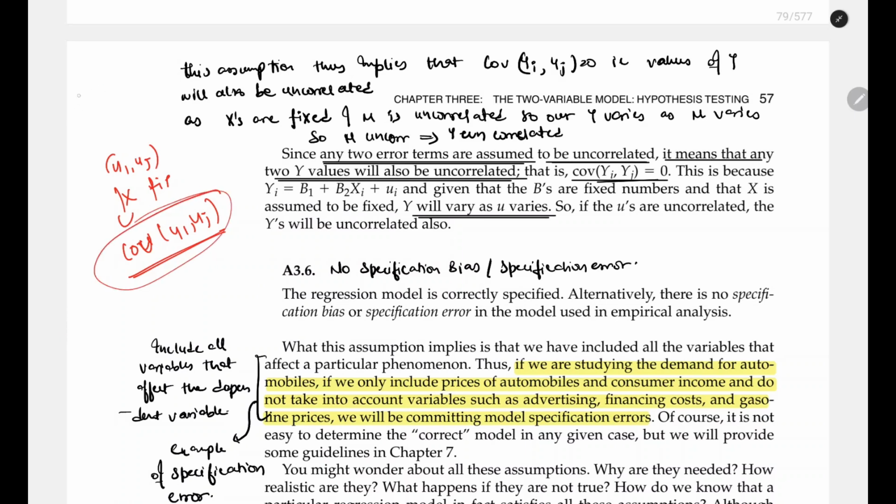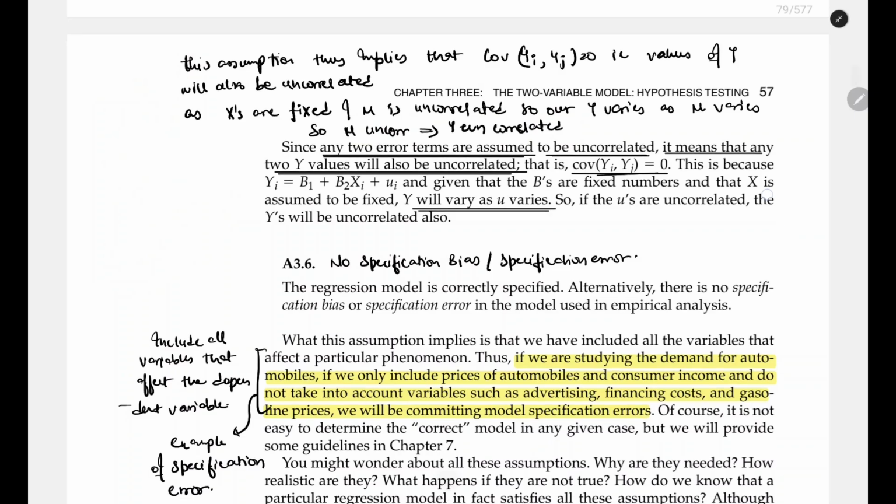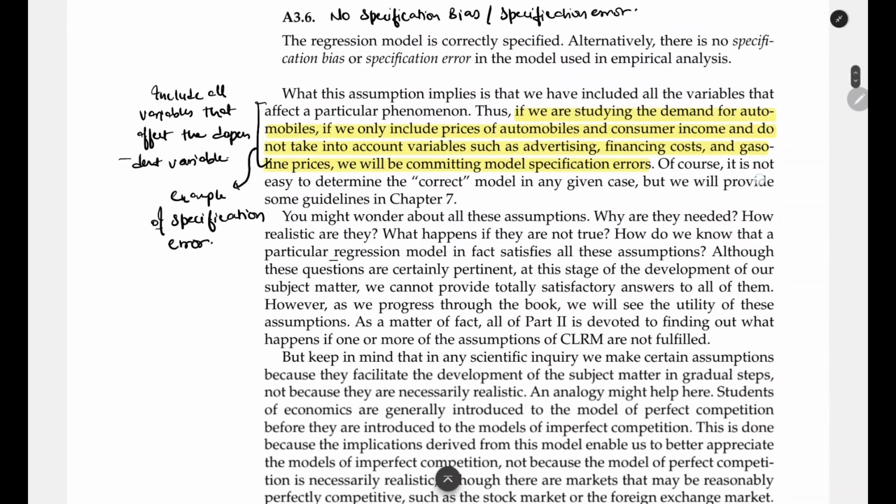We have assumed that there is no autocorrelation in the uis, and it has implied no autocorrelation in the yis. We have written it here also that ui uncorrelated implies that yi is also uncorrelated. Now the other assumption here, I guess this is the last assumption. Yes, this is the last assumption.